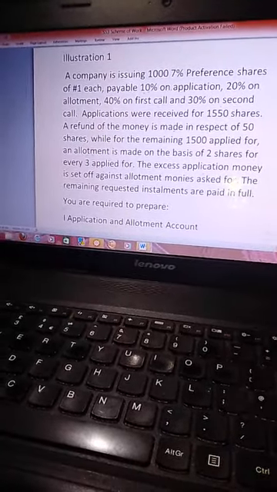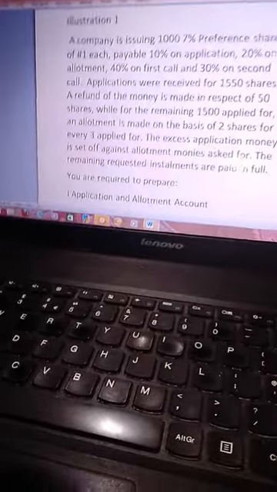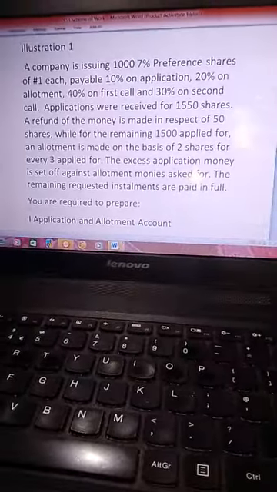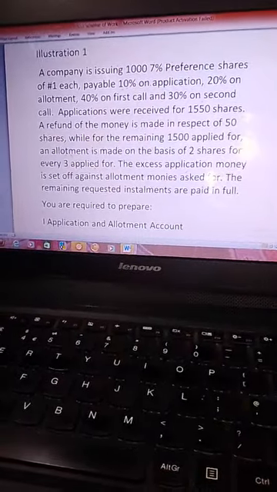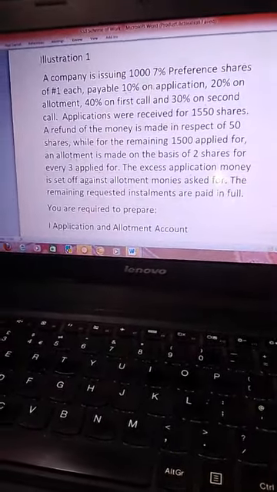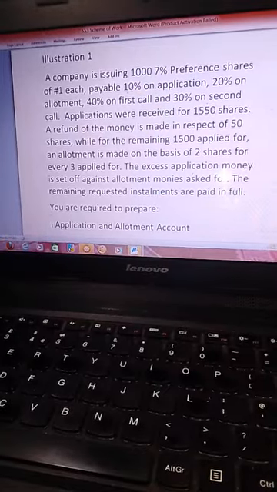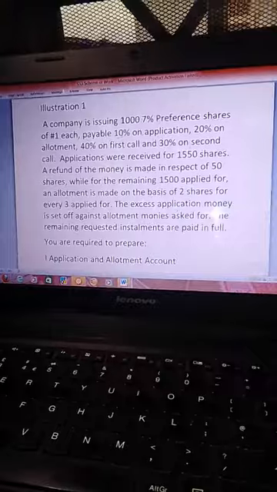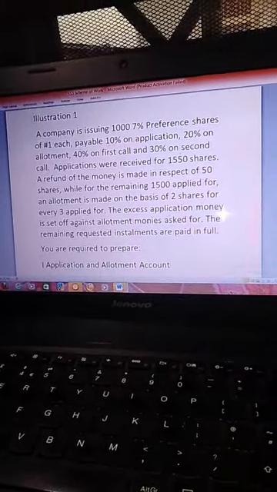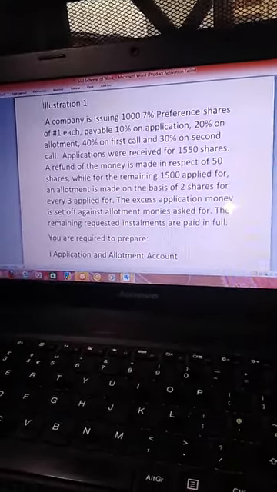Illustration number 1. A company is issuing 1,000 7% preference shares of 1 naira each, payable 10% on application, 20% on allotment, 40% on first call, and 30% on second call. Applications were received for 1,550 shares.